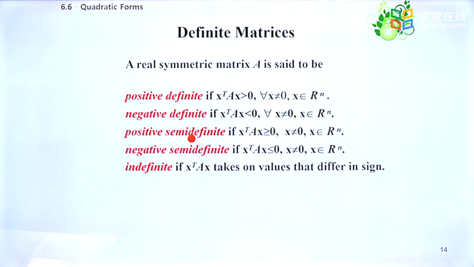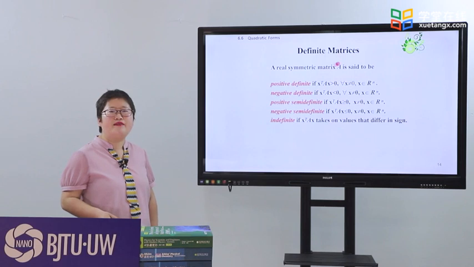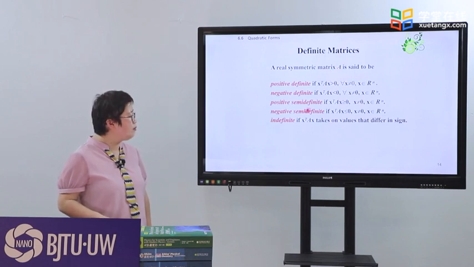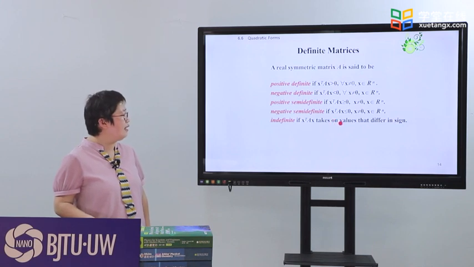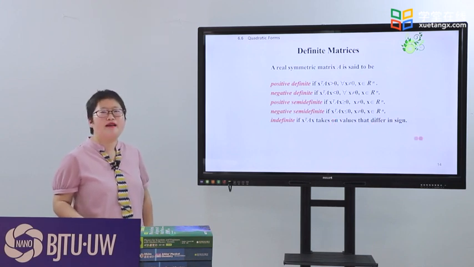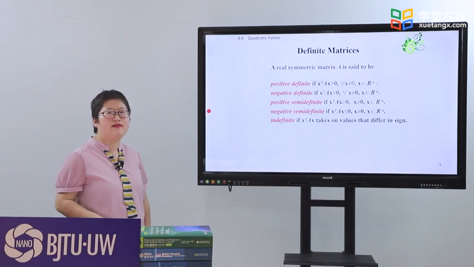And positive semi-definite if x transpose times A times x is no less than 0 for any x belonging to Rn. And negative semi-definite if x transpose A times x is no greater than 0 for any x belonging to Rn. And indefinite if this quadratic form x transpose times A times x can take values that differ in sign, can be positive, can be negative.